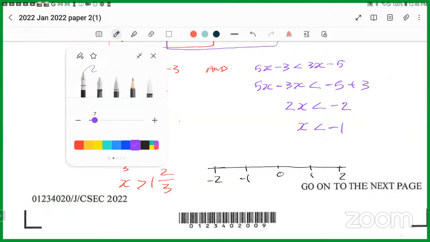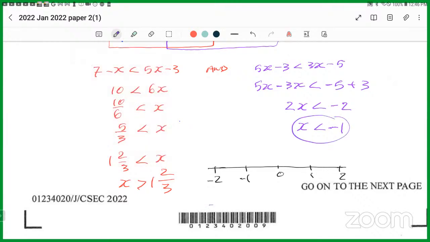If I put this solution over here, I'm going to have the circle at -1, and then less than, so I'm going to the left. That is x less than -1.